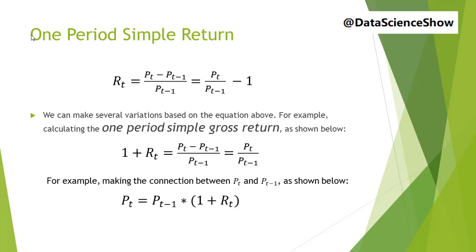Yes, that means we are making gains out of the investment. No matter which simple return we are talking about, simple return or simple gross return, notice that the simple return is calculated according to 1 day price difference. So that's why we call this simple return one period simple return.